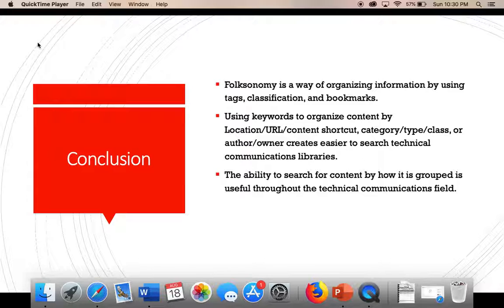Not only is it huge for websites that group information together using hashtags or keywords, it has become more and more influential in technical communications libraries. The ability to search for content by how it is grouped together by those keywords is very useful when you're dealing with large amounts of documents and looking for very specific content.